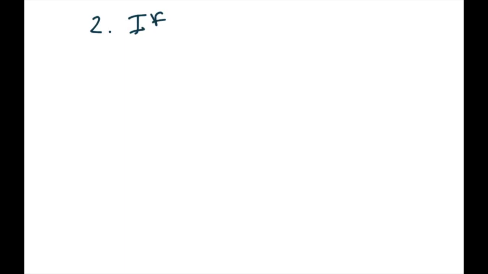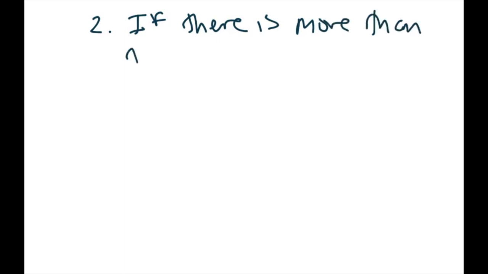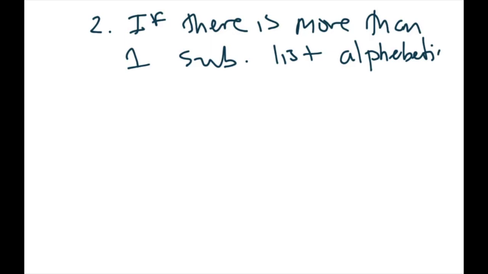All right, rule number 2. So this is definitely a ripoff. If there is more than one substituent, list them in alphabetical order. Never forget. Right?